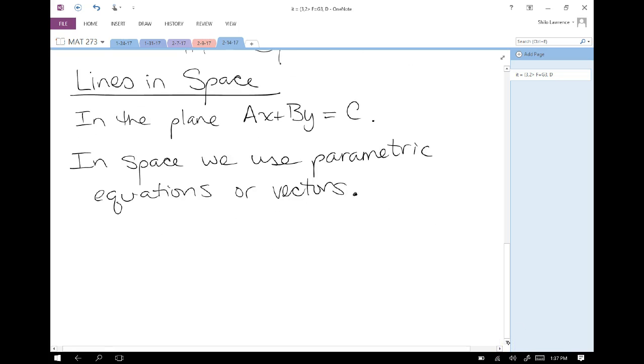There are two things we need in order to write a set of parametric equations of a line in space. We need a point that the line goes through, and we need a vector that points in the same direction as that line.